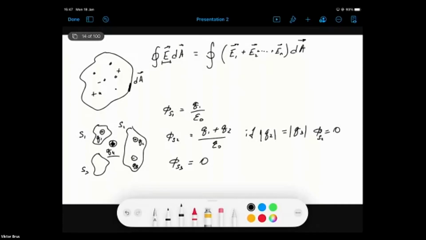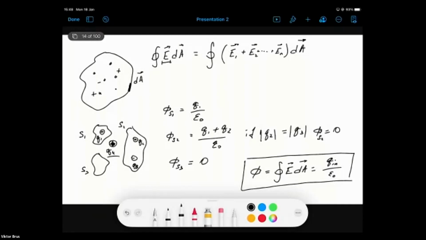And that's why, summarizing all these statements, we can write that electric field flux is equal to the integral over the surface of the dot product of electric field vector and dA vector, and this is always equal to Q in divided by epsilon 0, where Q in is the charge which is located inside this closed surface, enclosed by the surface.